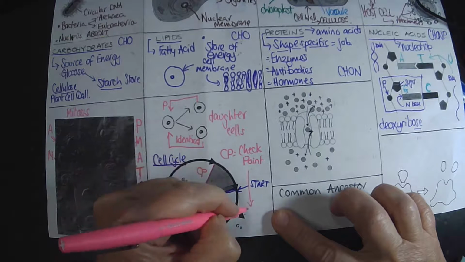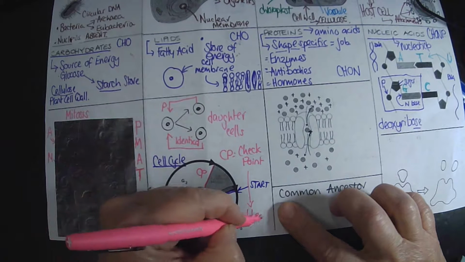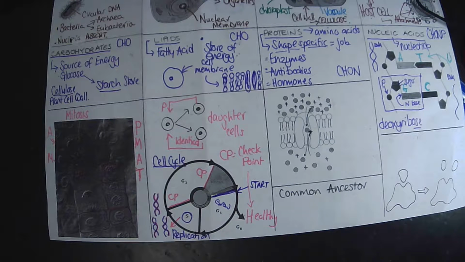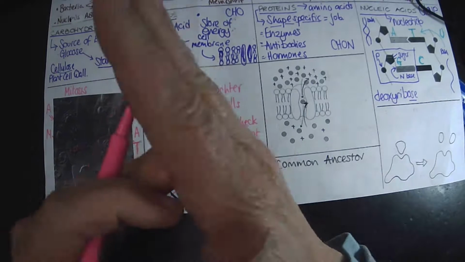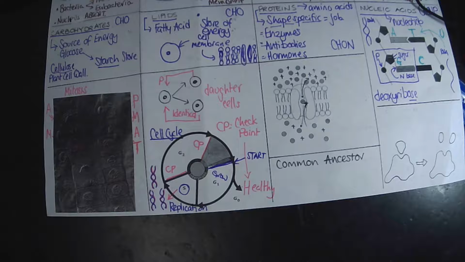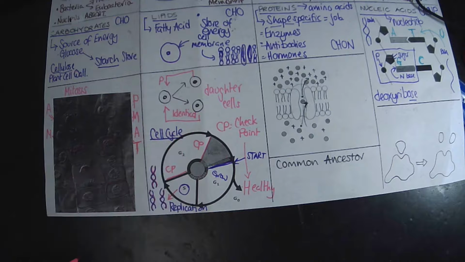The reason for that is we want to produce not one, but two healthy cells. So we have a kind of timeout where we say, hold on a minute, let's check everything. All our ATGCs are in the right order. We don't have any mutations or complications. And if everything is good, we can carry on.